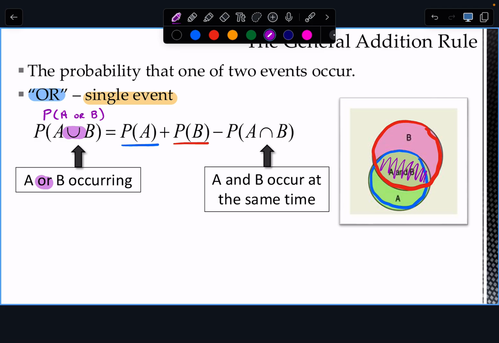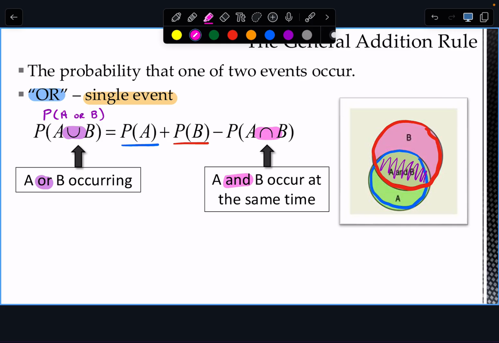And so again, as far as notation is concerned, it's a different color. This upside down union symbol replaces the word and.